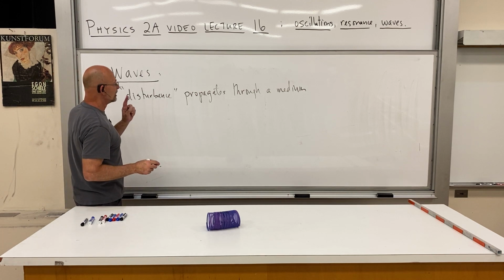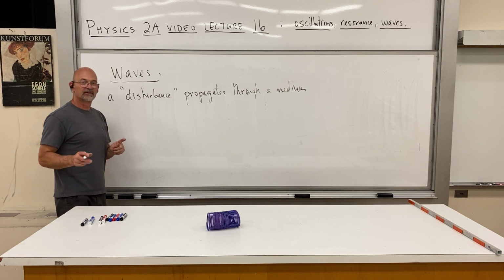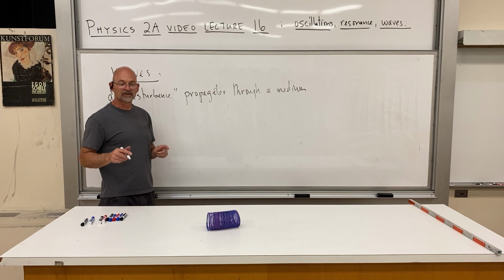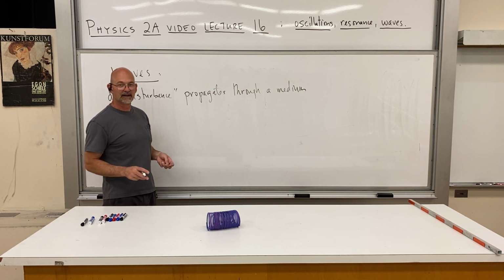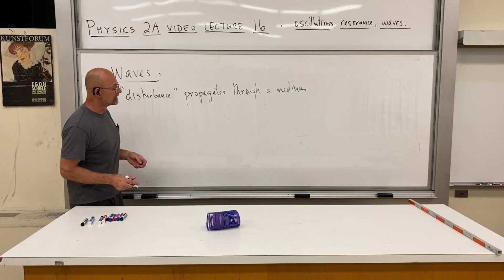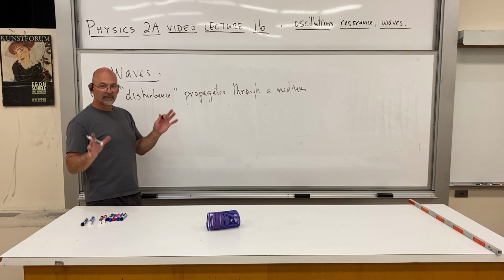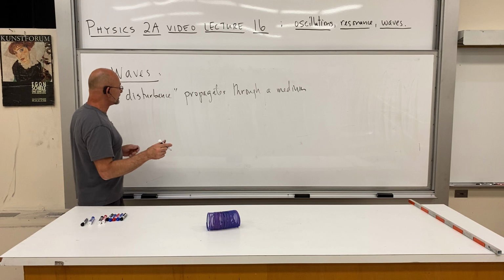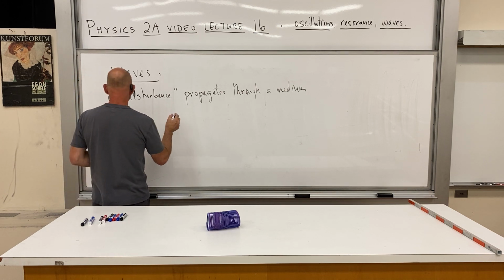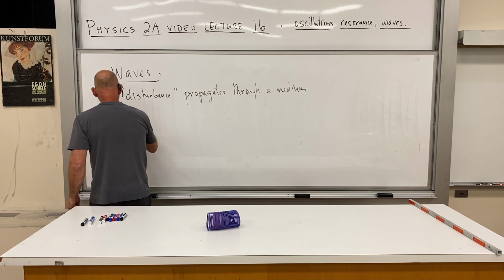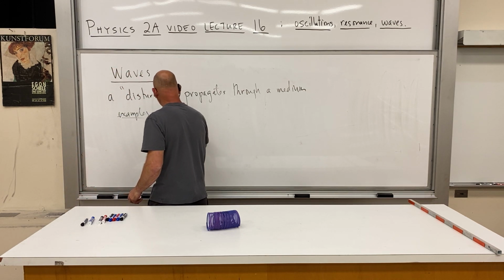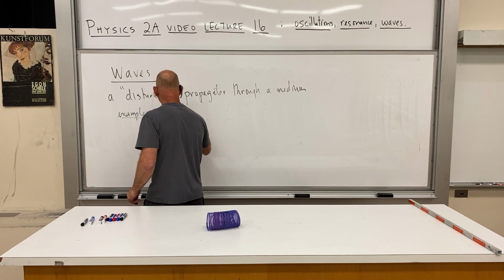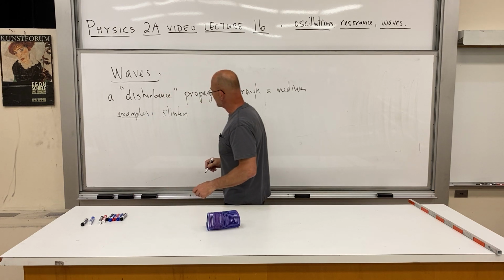Now, next semester you'll learn that electromagnetic waves propagate through the vacuum, but we're not there yet. Light waves, electromagnetic waves. So we're just going to learn the understanding of waves that propagate through a medium, and our examples are going to be, first of all, the slinky, since there it is, the slinky wave.